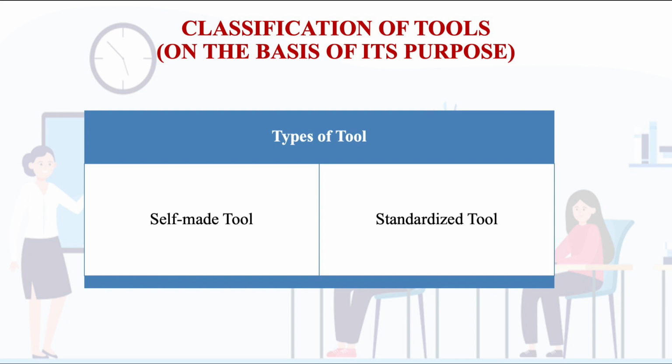Further, on the basis of function, the tool is of 4 types: placement evaluation, formative evaluation, diagnostic evaluation, and summative evaluation. Now in this lesson we will discuss on the basis of purpose. The tools are of 2 types, that is self-made tool and standardized tool.